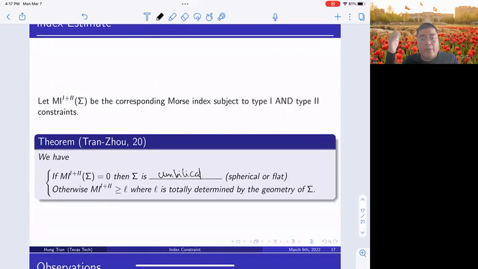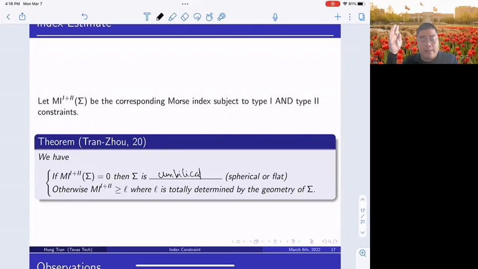Then we can use this geometry to determine the number L, and then immediately we know that the index for this concrete example must be greater than or equal to L. Also, another feature of this theorem is that here we give a lower bound for the index, and the lower bound comes from the geometry of the hypersurface.